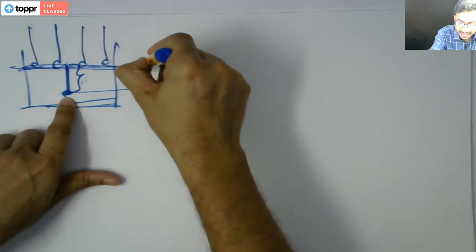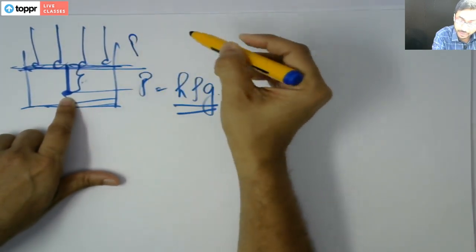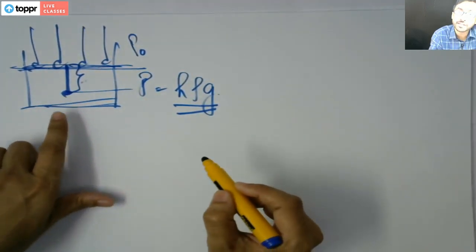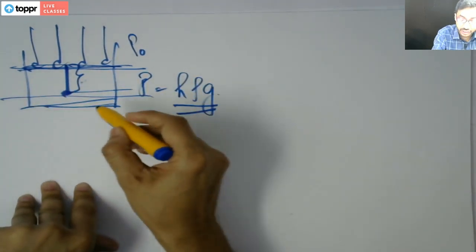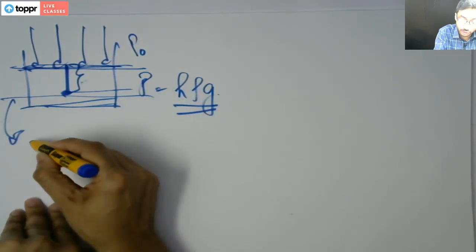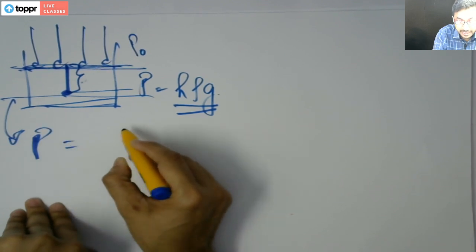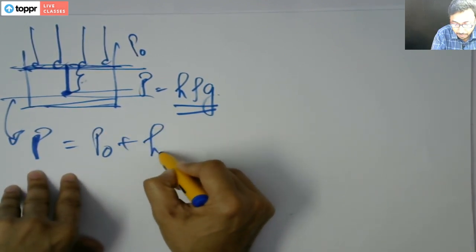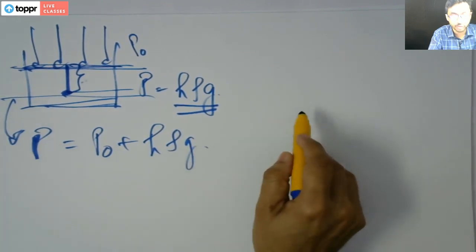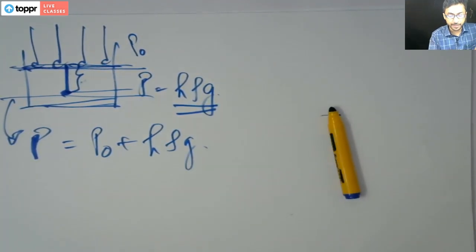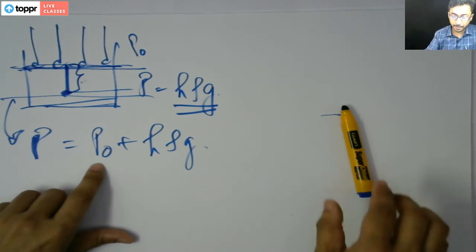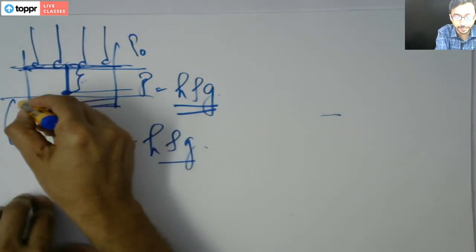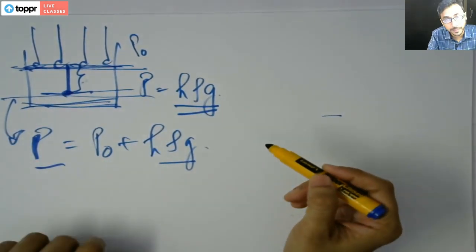So at the free surface, the pressure is not 0, but it is P0. So the total pressure at this point is not H rho g, it is atmospheric pressure plus H rho g. Atmospheric pressure plus H rho g is the total pressure at a particular point.